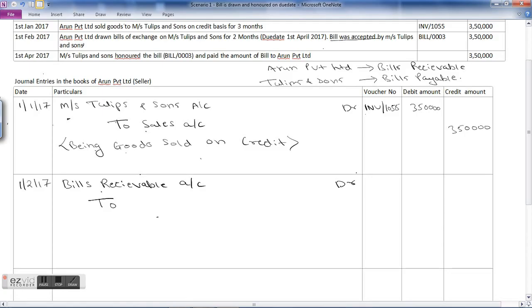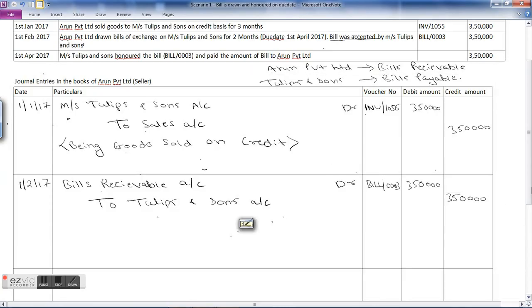So, to Tulips and Sons, what is the amount? 3,50,000. And what is the bill number? Bill is 003. So bills receivable account debit to Tulips and Sons account 3,50,000. This will be the entry for the bills receivable.